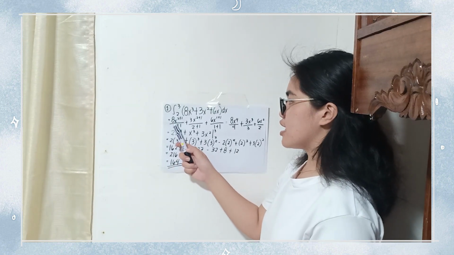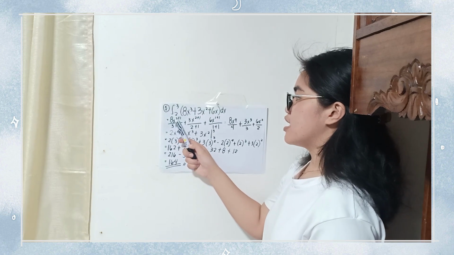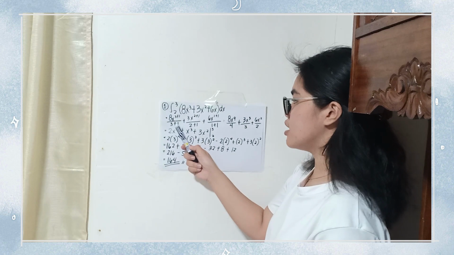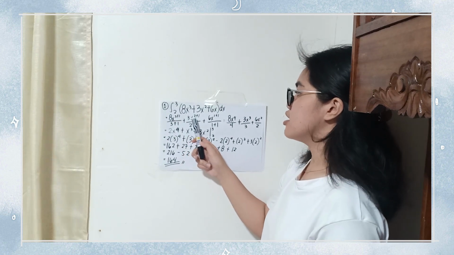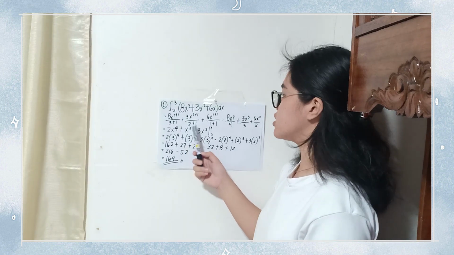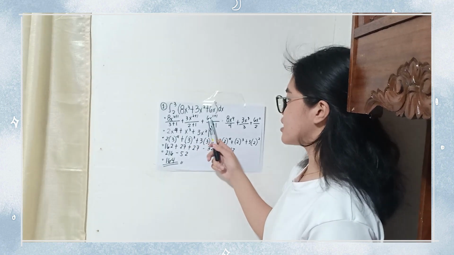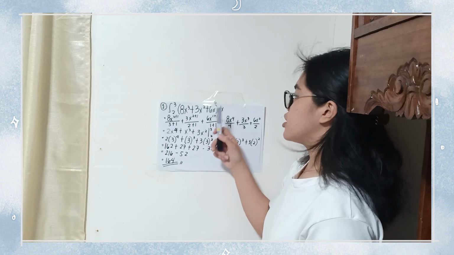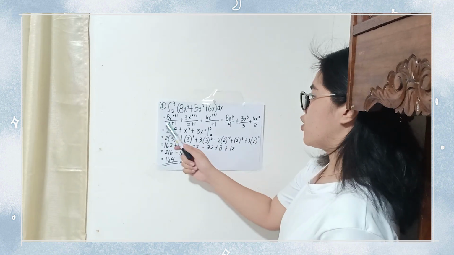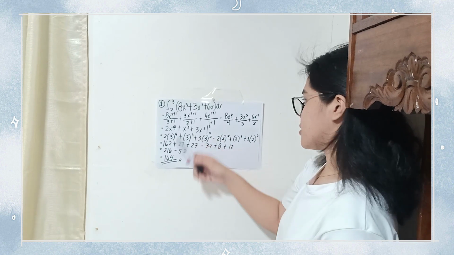So 8x raised to the power of 3 plus 1 over 3 plus 1, plus 3x raised to the power of 2 plus 1 over 2 plus 1, plus 6x raised to the power of 1 plus 1 over 1 plus 1.